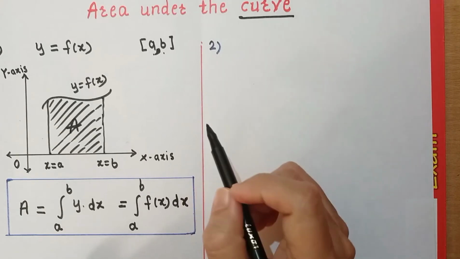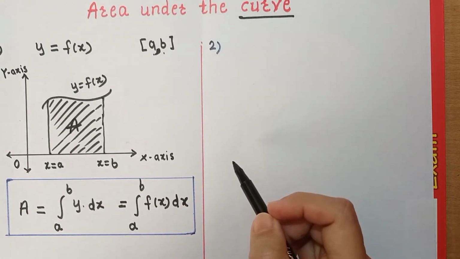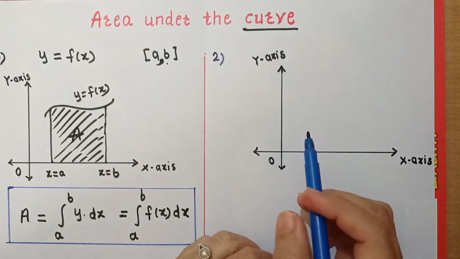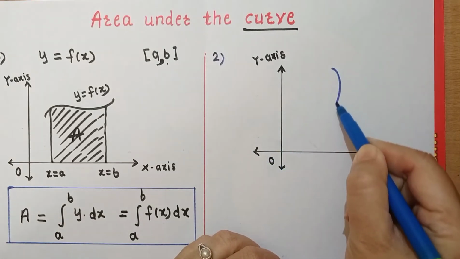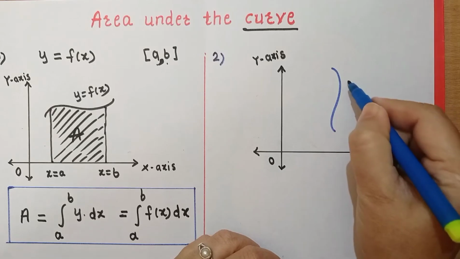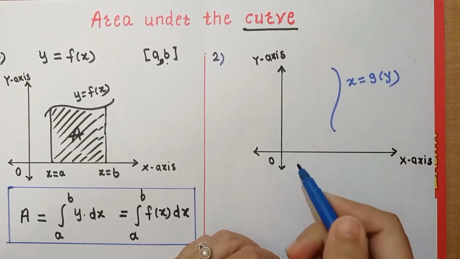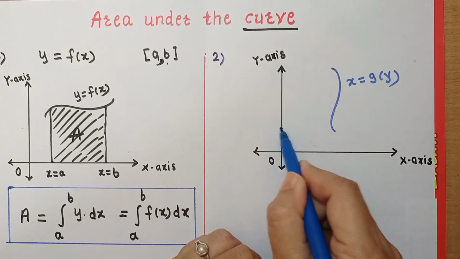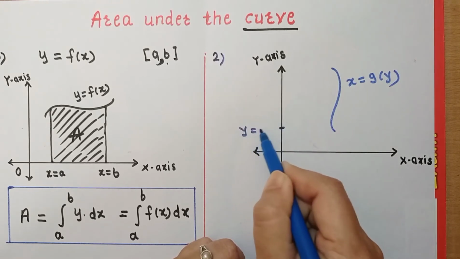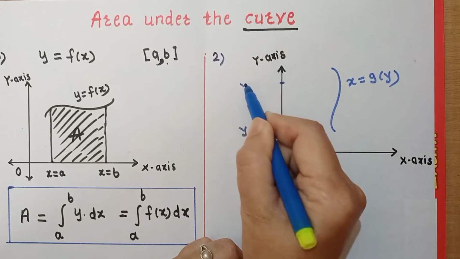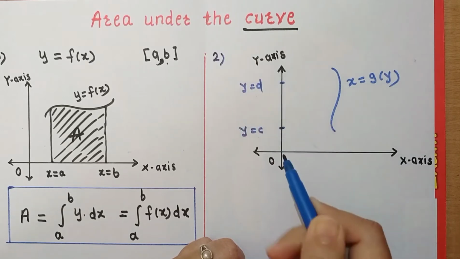Now here we will consider the second type of curve. So consider the xy plane, and now here the curve is of this type. Suppose this curve is x is equal to g(y), that means a function of y, and then we will consider the points y is equal to c and y is equal to d on the y-axis.